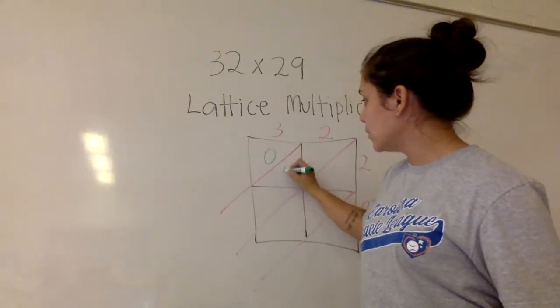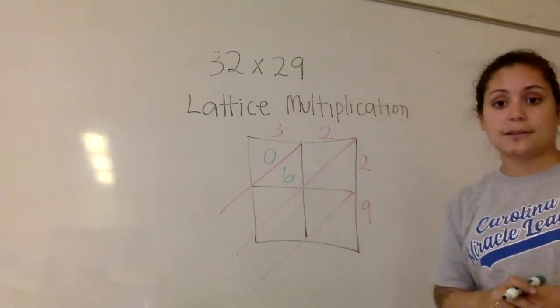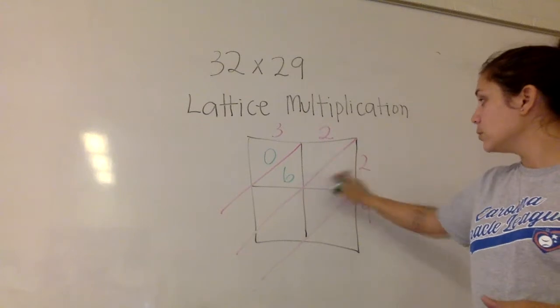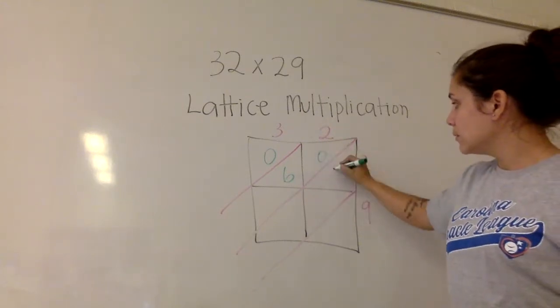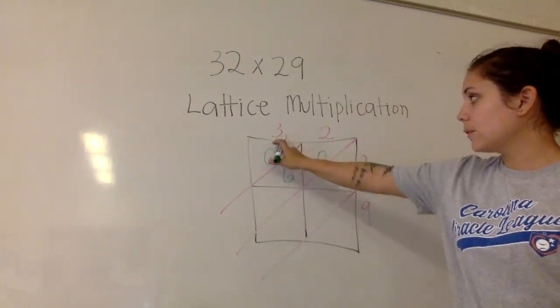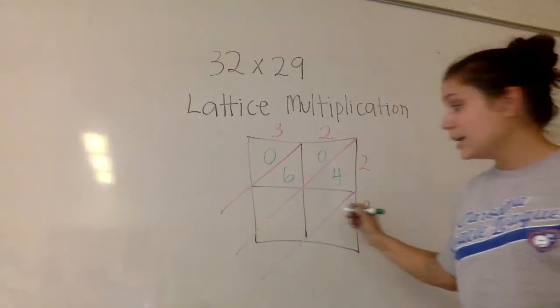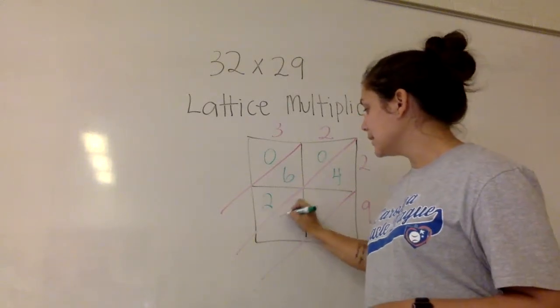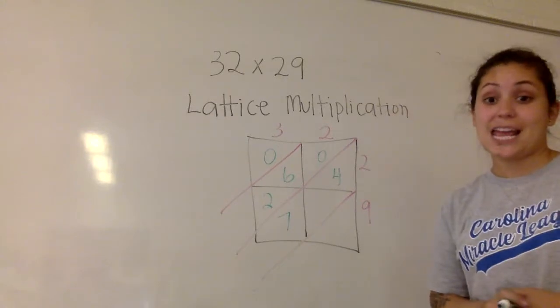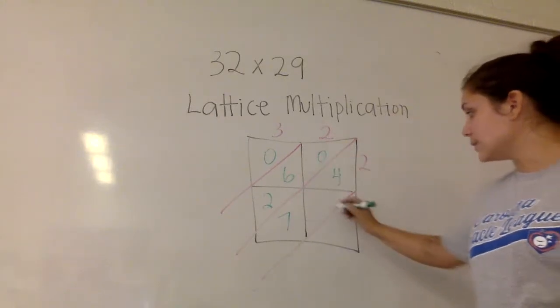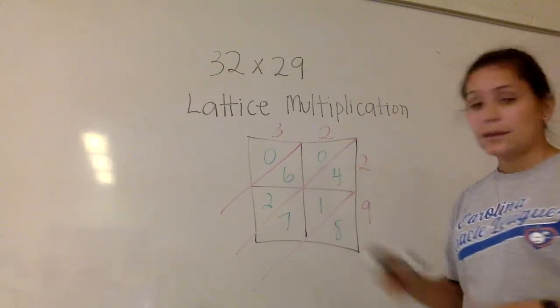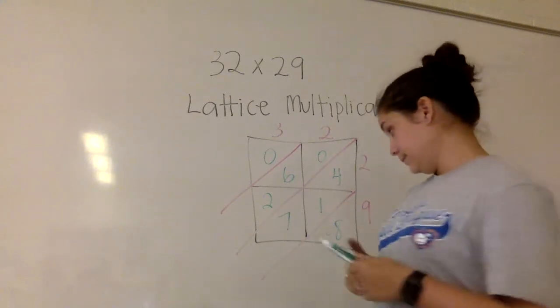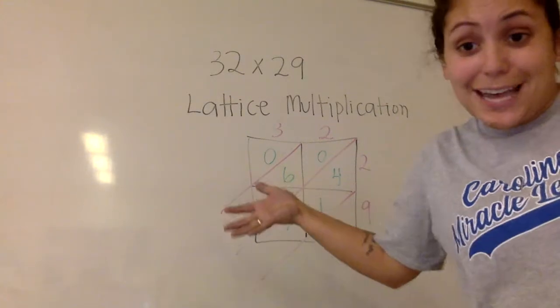So I'm going to do a 0 and a 6. 2 times 2, 4. 3 times 9 is 27. And 2 times 9 is 18.